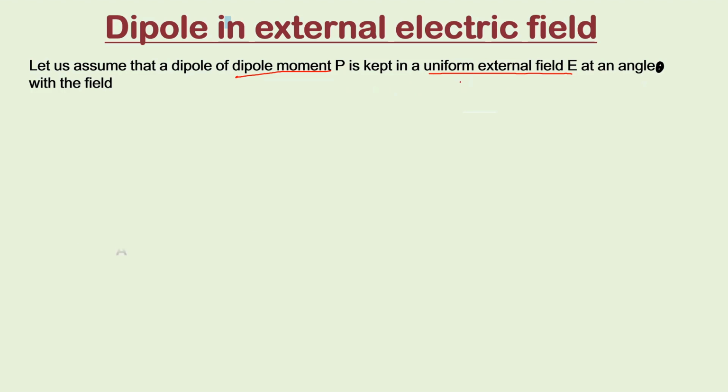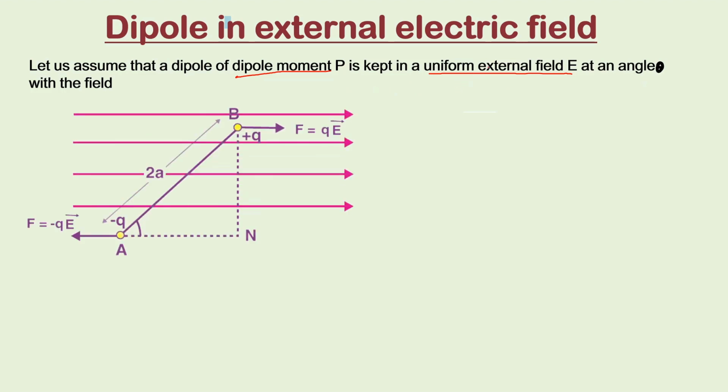So in the given figure, the pink line indicates the external electric field.